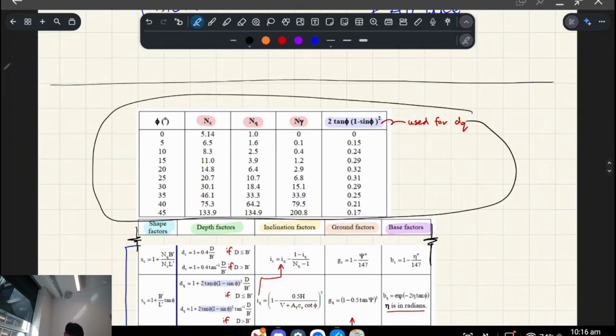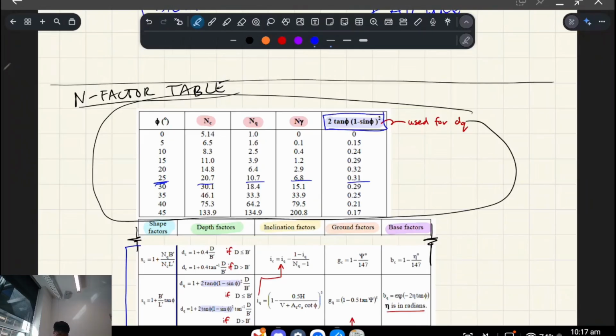This first table, I'll call it the N factors table. This is just a table where you input a friction angle, let's say 25, and you get back Nc, Nq, N gamma, and this component.